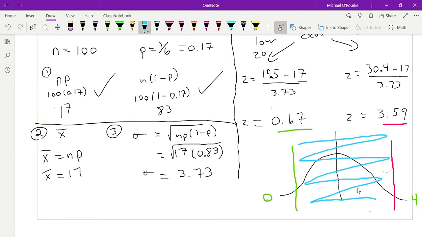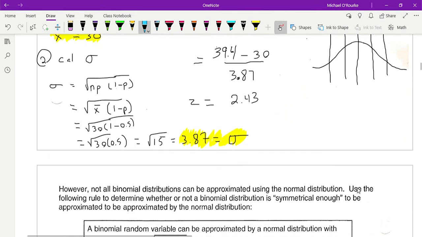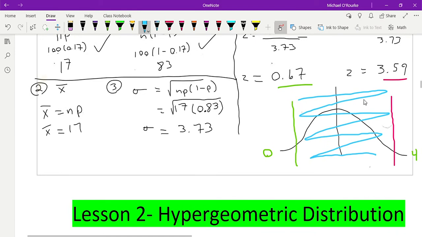However spaced apart it is, that's the probability you're looking for, the probability between the two lines. In the previous question, the 2 lines were here and the end, and that's what probability we found there. Here, we have 2 lines exactly between.